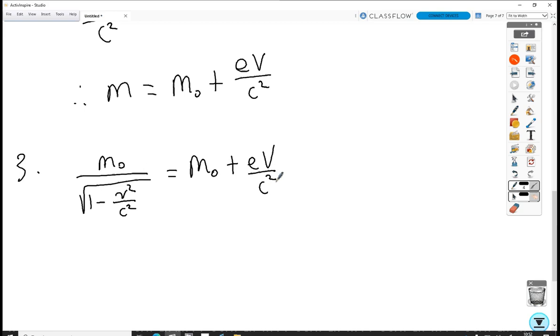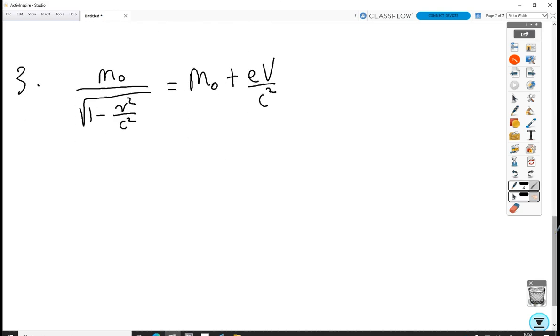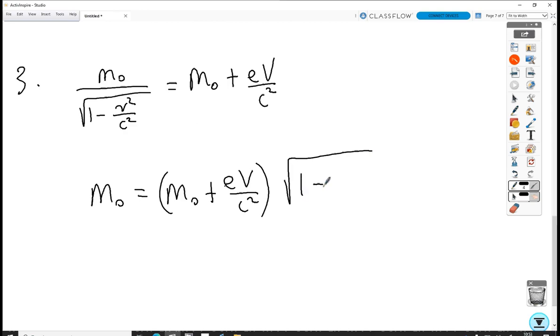I'm going to multiply the square root to the other side. So we've got m naught is equal to brackets m naught plus EV over c squared, close that bracket, square root of 1 minus v squared over c squared.